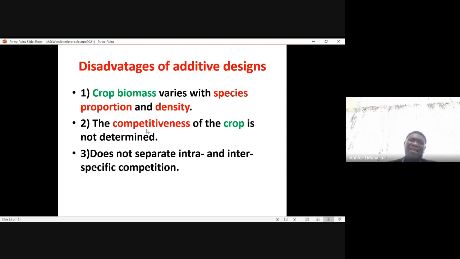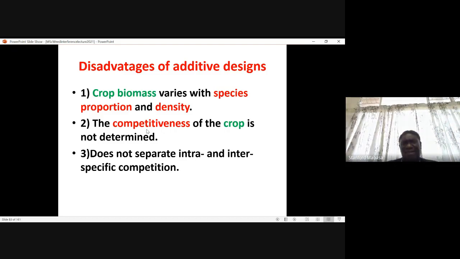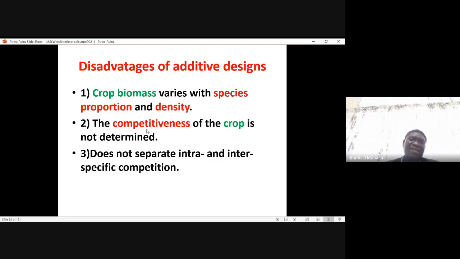What we are doing is that we are actually increasing the population of weeds, and as a result, we are increasing density and altering the proportion. In statistics, we say we are confounding the two factors. There's confounding or mixing of the two, and you cannot separate them.